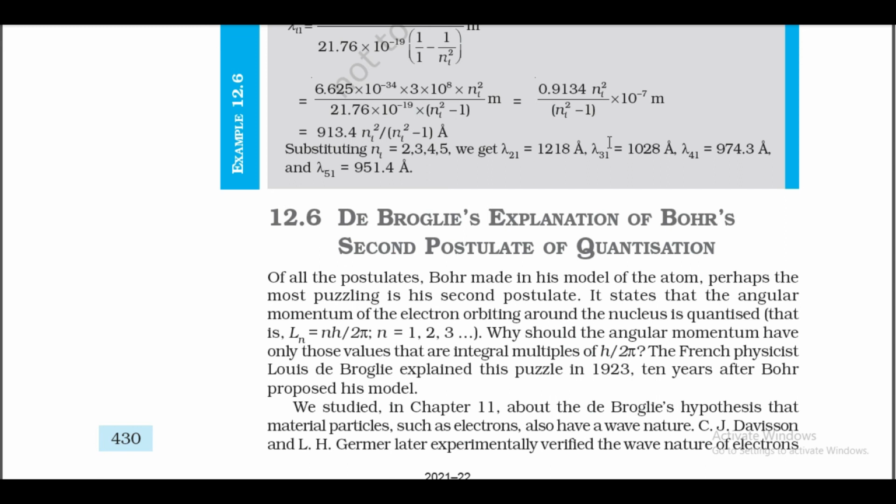Why should the angular momentum have only those values that are integral multiples of h by 2 pi? The French physicist Louis de Broglie explained this puzzle in 1923, 10 years after Bohr proposed his model.